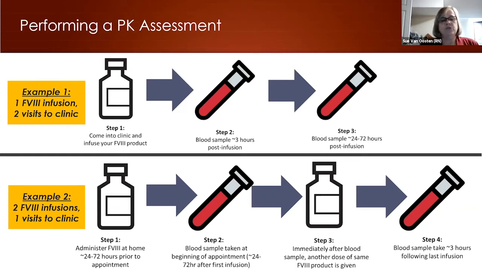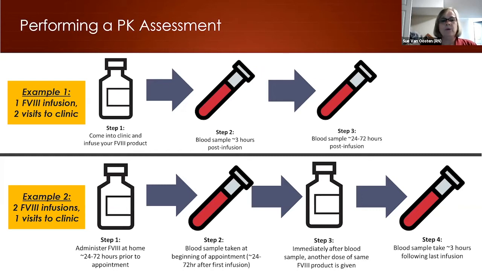But if you are due for an infusion on the day that you are to come into clinic, then you can bring your dose with you, and you can infuse your dose, and then an hour or 2 later, you can have a level done, and then 24 to 72 hours later, have a second level done. All it takes is the trough, you have to do a trough level before you take it, then 3 hours, and then 48 to 72 hours.